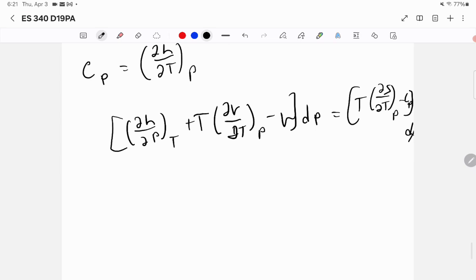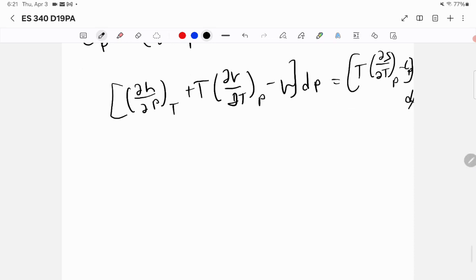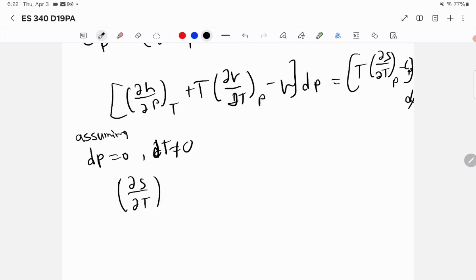And this can be derived. Your book goes through the derivation. And under certain assumptions there, like dP is equal to 0, but dT is not, we get dS, very similar to the set of equations above.